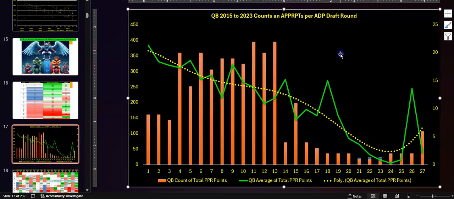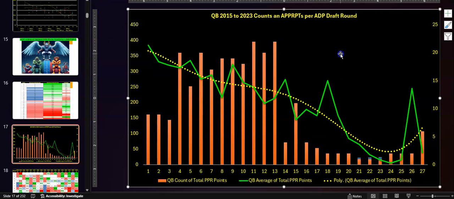This is quarterbacks, counts versus average PPR points per draft round. The green is the actual average of total points. I just did a trend line, not just a line connecting the points. The trend is in yellow, and you see it's pretty much a decline from high to low.